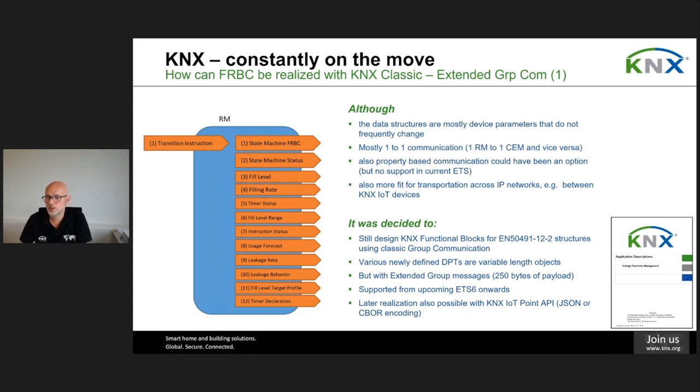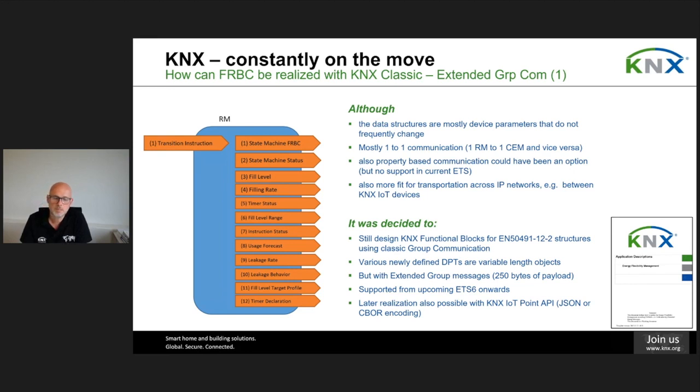So if it's a one-to-one communication, you could contemplate making the communication based on interface objects and properties. But this is not really an option because there is no support for configuration of such devices in the current ETS. And you could also think of, okay, maybe communication would be better with KNX IoT.